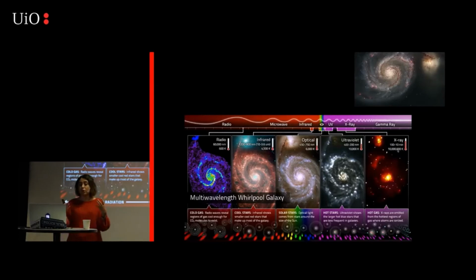Otherwise, we're going to lose some parts. So astronomers, depending on their science case, use observations at different wavelengths, and sometimes we need to combine them to get a better picture of the galaxy. Now, since I'm a radio astronomer, I'm going to talk a little bit about radio astronomy.